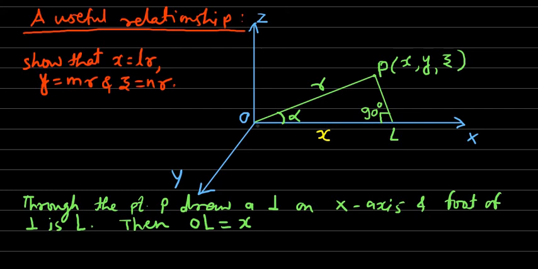Alpha is the angle made by the line OP with the positive direction of x-axis. We have to find the cosine of this angle, as we have this length OL and length OP. We don't know the length PL.